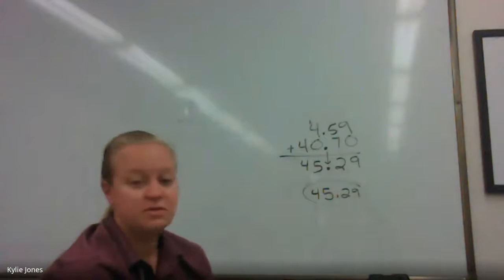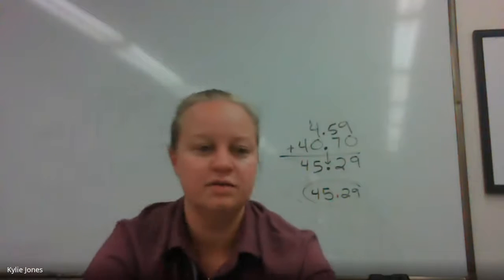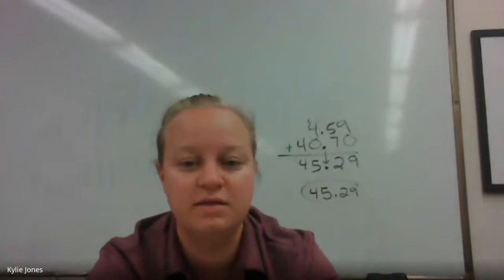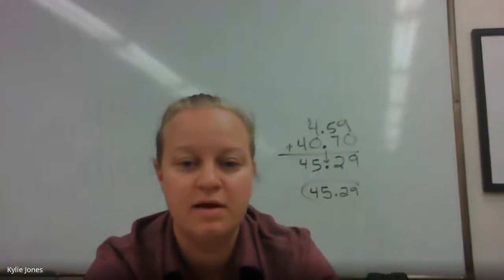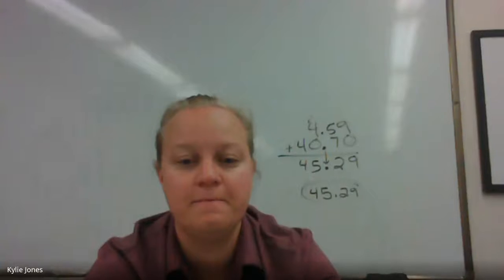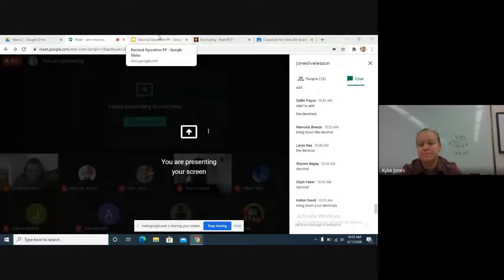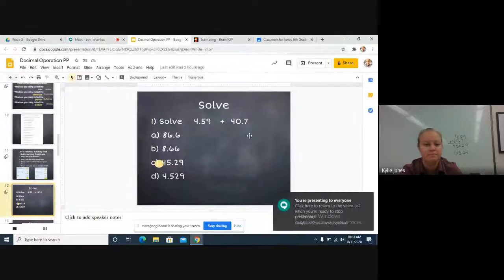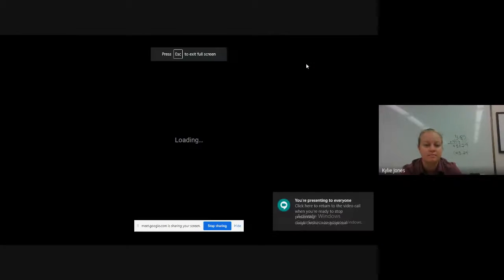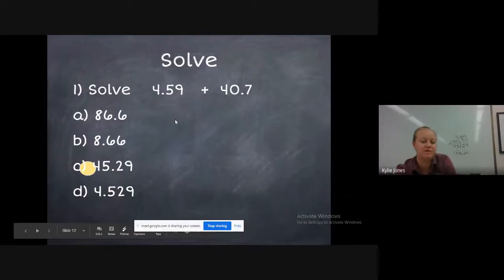Cool. There's one for you to do on your own to practice, so I'm going to present again and put it up. If we click forward, we see 45 and 29/100ths was our answer.